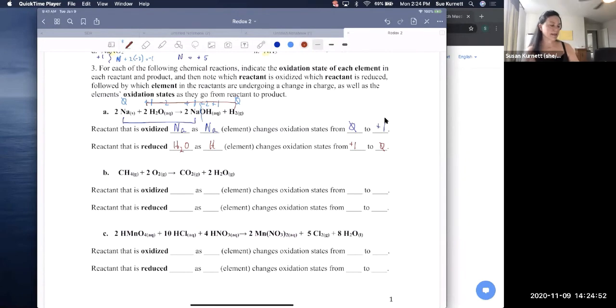Okay, same process here for B. I'm going to assign oxidation states. Hydrogen is +1. There's 4 of them, and it has to add to 0, so carbon is -4. Oxygen's an element. Oxygen in compounds is -2. If there's 2 of them and that adds to 0, this must be +4. And then hydrogen in compounds is +1.